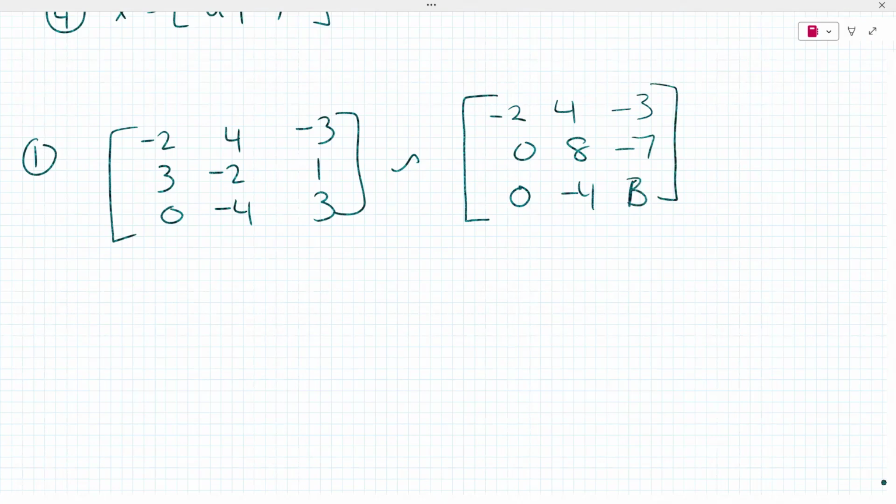So the first row operation was 3 row 1 plus 2 row 2 gives us row 2. And then the next one is 1 row 2 plus 2 row 3 gives us row 3.